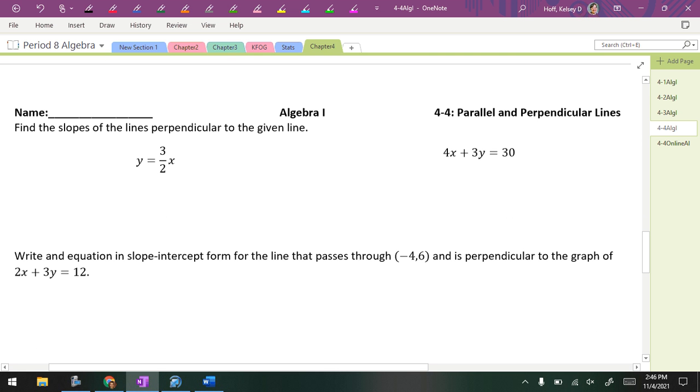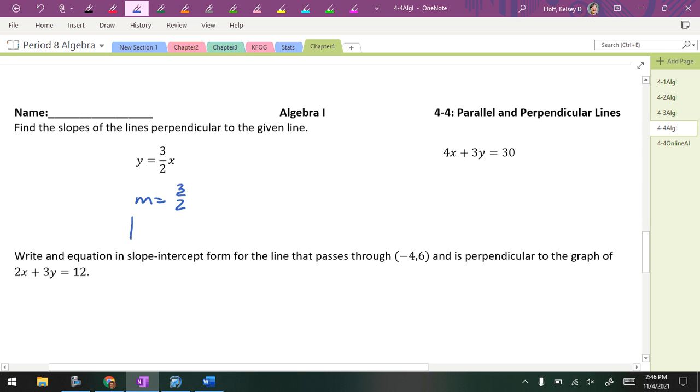So let's just practice finding slopes of lines that are perpendicular. Y equals 3/2 x. What is the slope? You can just tell me that? Why? Because y is by itself, right? Okay, perfect. So the slope is, you said, 3/2?